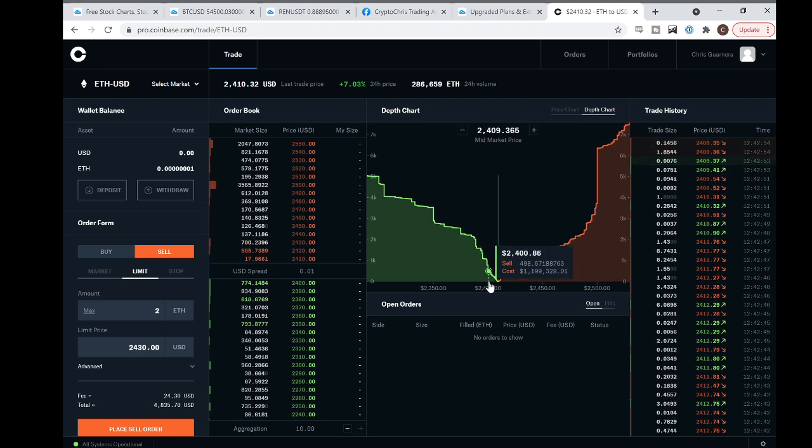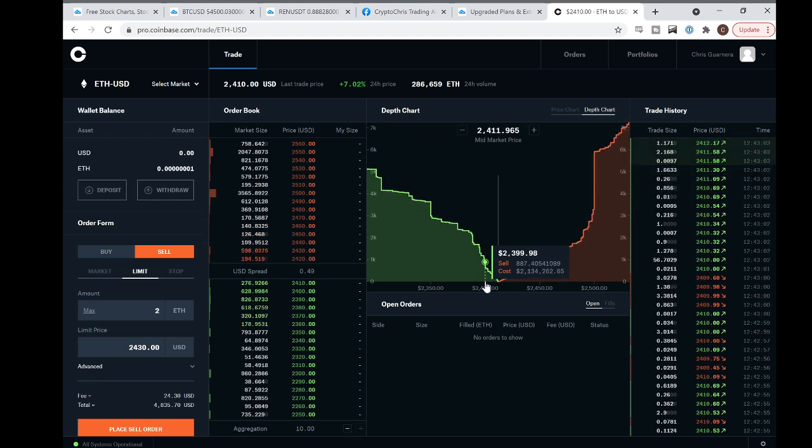Okay, that means that someone would have to sell $2 million worth of assets into the market to drop the price on this exchange by $12. It's quite a bit of money, right?